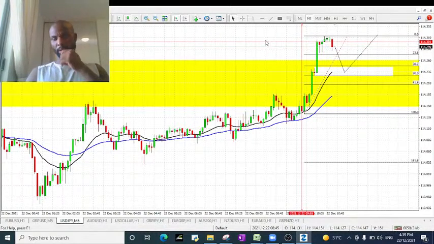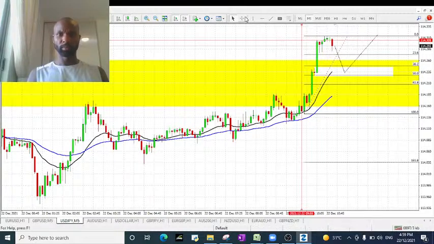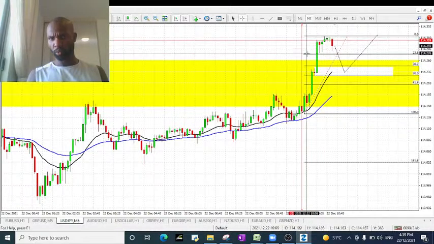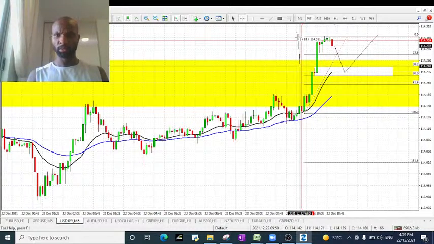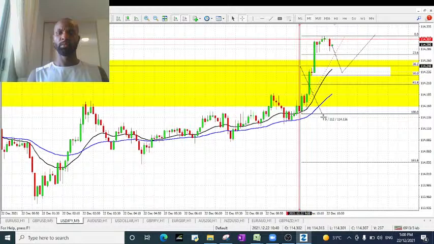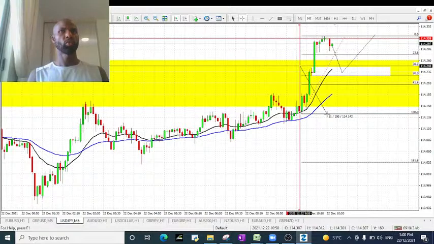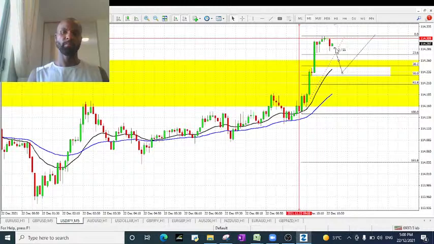One minute. Targeting 6.5 pips, risking 11 pips. Okay, let's see if the market will retrace before it starts pushing back up.